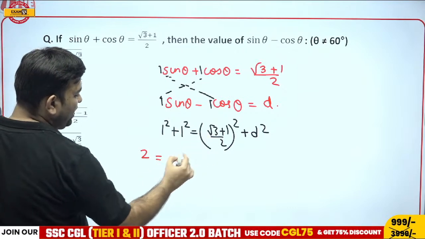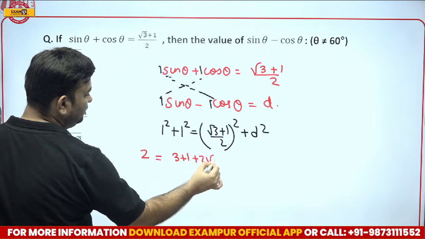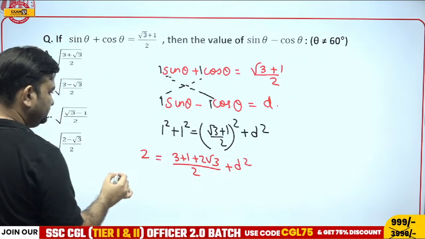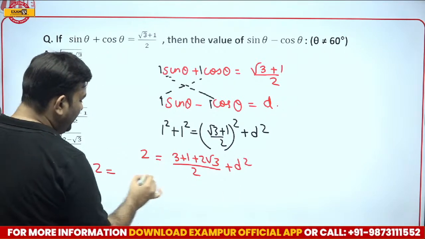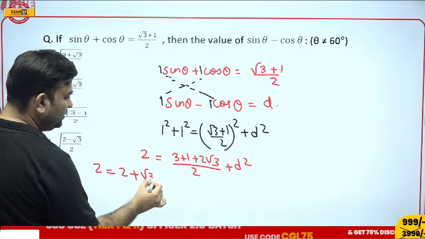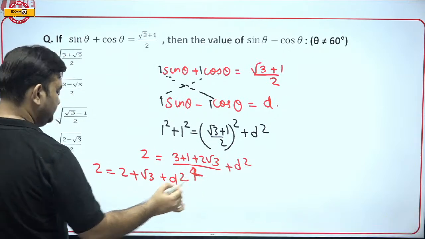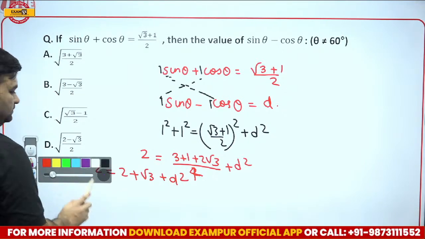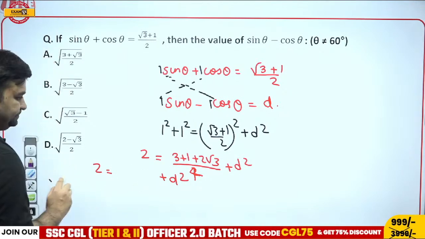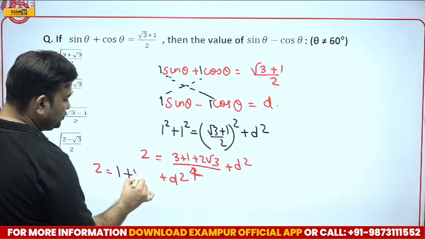This is a square plus b square plus 2ab. 4 by 2 is 2, and 2 root 3 by 2 is root 3. This is 4. 4 by 4 is 1, and this is root 3 by 2.